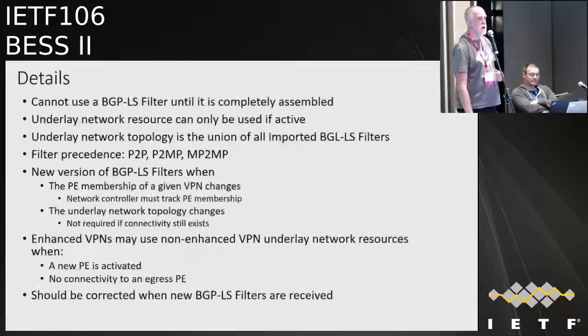You can't actually use the BGP-LS filter until it's fully established, so that's why you need to know how many fragments are coming, and you can only use a network resource, guess what, if it's active.